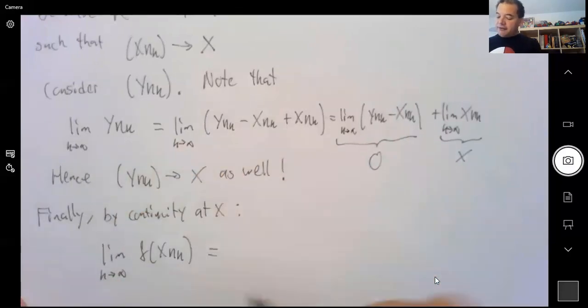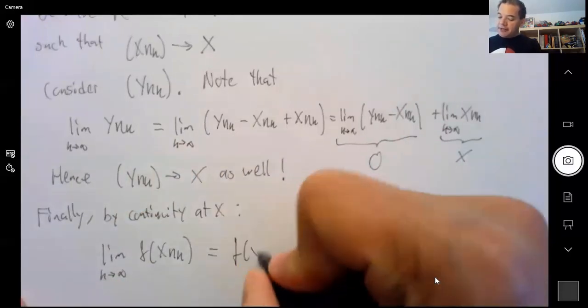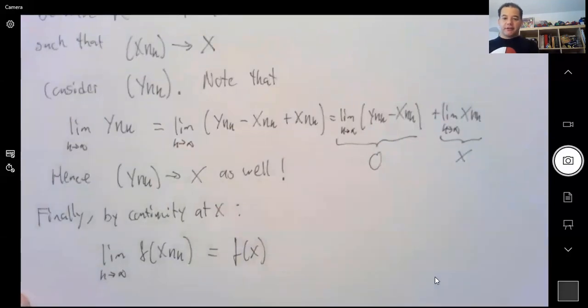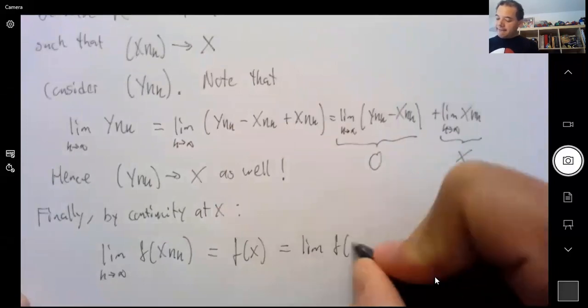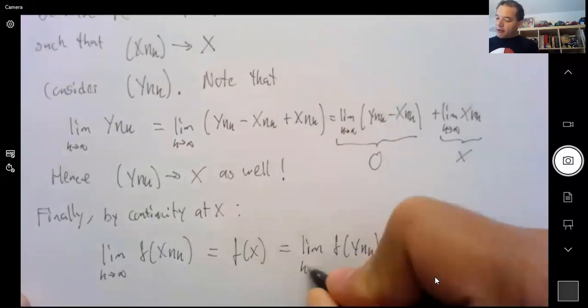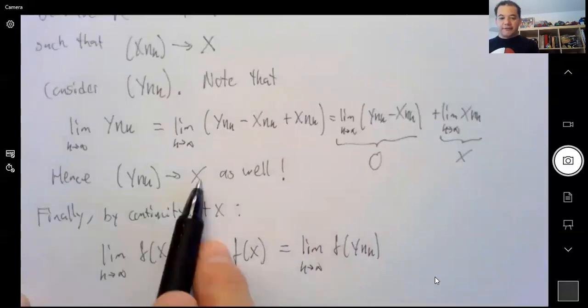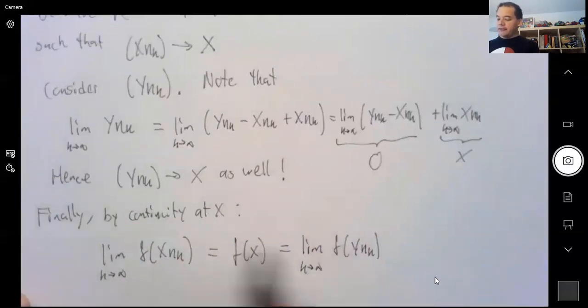Well, because f is continuous, this has to be f of x, correct? But that's if you use the x's. What if you use the y's? Well, the same thing, right? Because the y's also approach x. So these two guys both go to f of x, right?